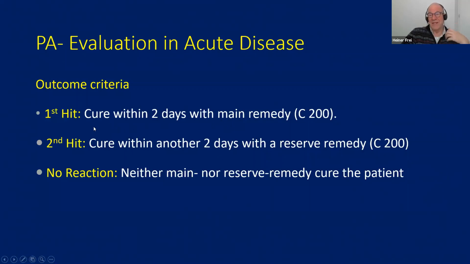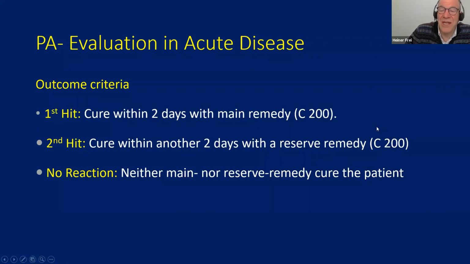I always give the parents a second reserve remedy along, which they can apply if after 2 days the patient is not at least 50% better than before. So a second hit is a cure within another 2 days with this reserve remedy.